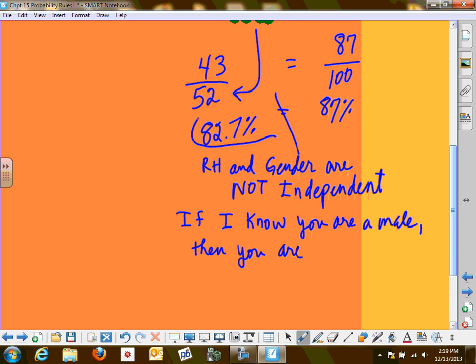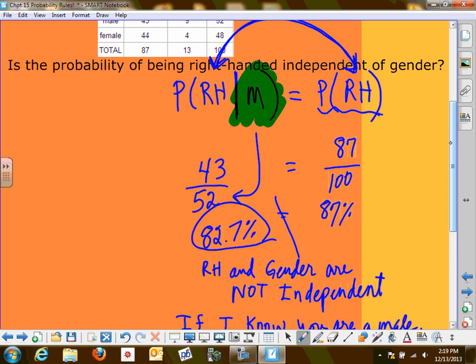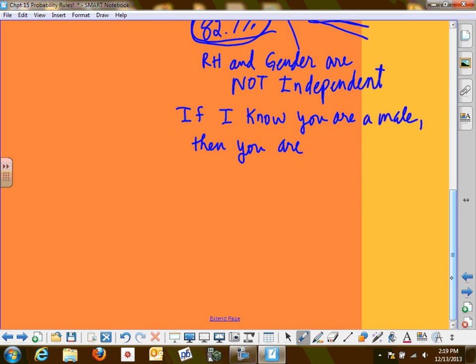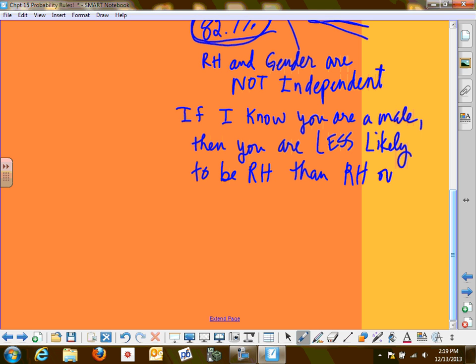Given that you are a male, you are less likely to be right-handed than right-handedness overall. Boom. That's your example of how you do an independence check.